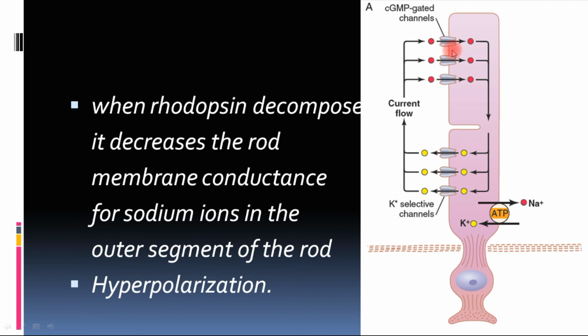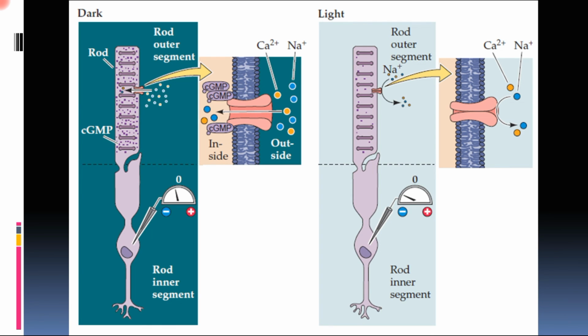But when the light comes, the rhodopsin acts on transducin, transducin on phosphodiesterase, and phosphodiesterase on cyclic GMP, which degrades the cyclic GMP, and thus this channel closes. Once this channel closes, what happens? Only the potassium channels remain open, allowing more and more potassium to go outside, which reduces the amount of positive ions inside, causing hyperpolarization. So this is how the hyperpolarization is created inside the rods, which will give the signal to the next layer of the cell.